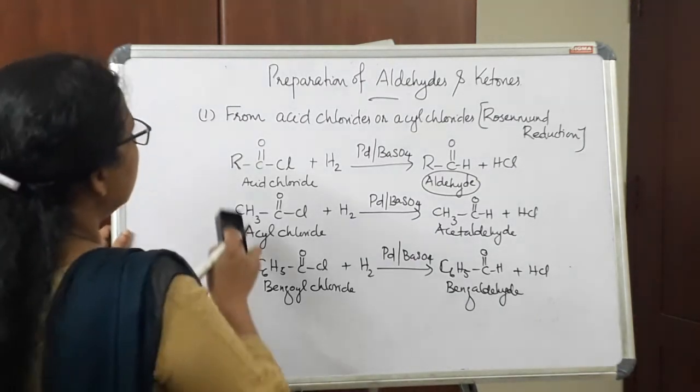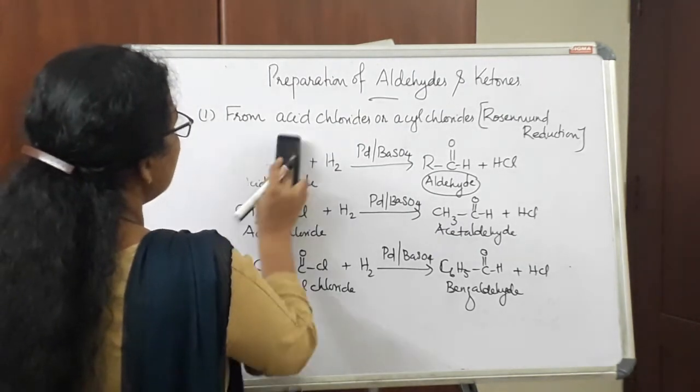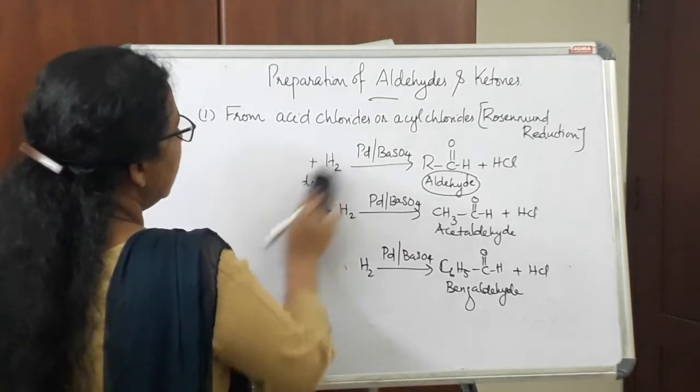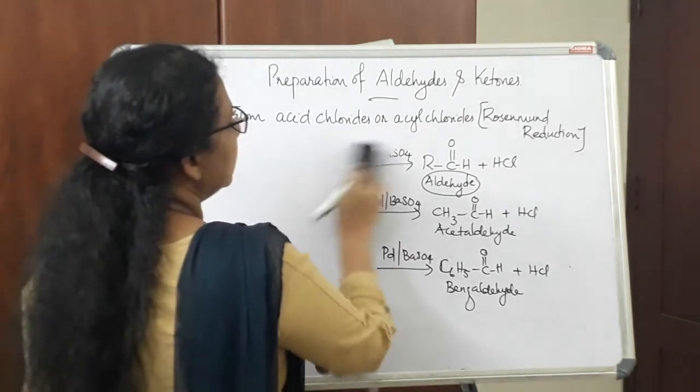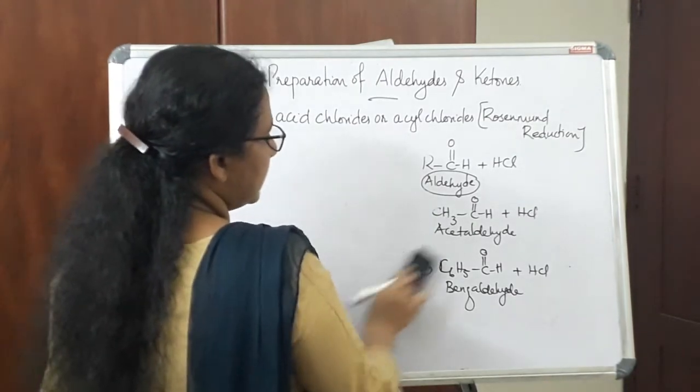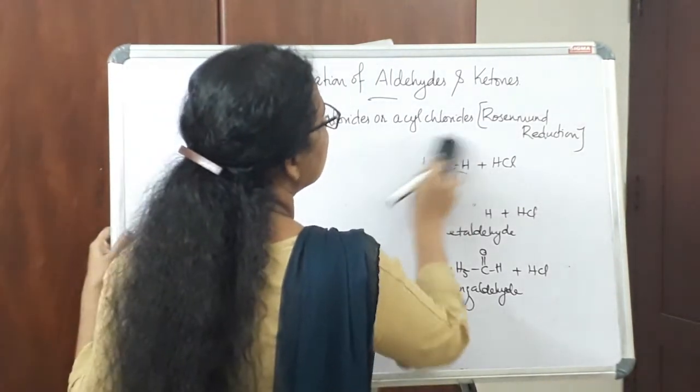Let's see another reaction, that is from cyanides or nitriles. That is the second method for the preparation of aldehydes, and that is also a named reaction. We will see that.